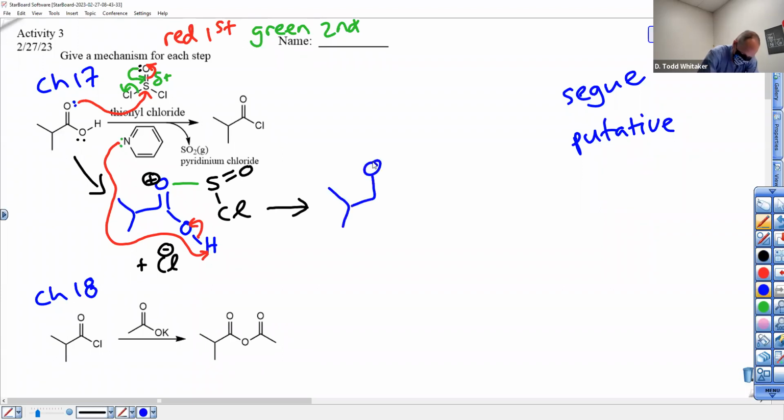And we got an O, S double O, Cl, and we have an O minus. And what else do we have on there? We have a double bond and a plus. And the Cl- is now got an option. Here's the story.